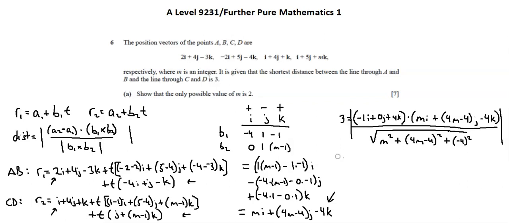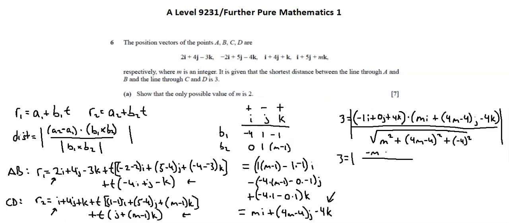Simplifying, we have 3 equals the absolute value in the numerator. The dot product is the sum of the products of the coefficients of i, j, and k. The coefficients of i are negative 1 and m. We multiply to negative m. The coefficients of j include a 0, so those will multiply to 0.